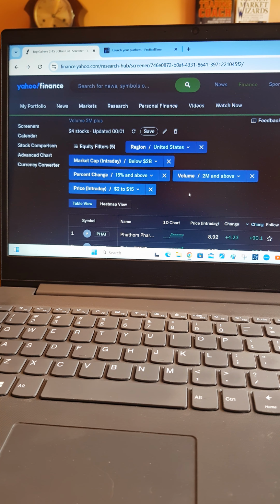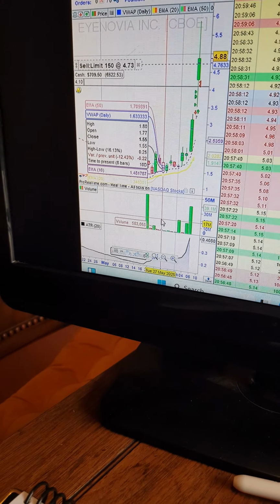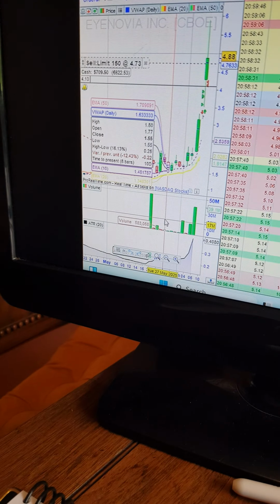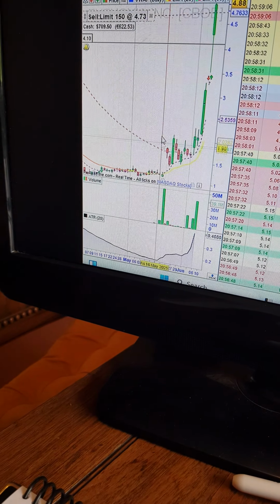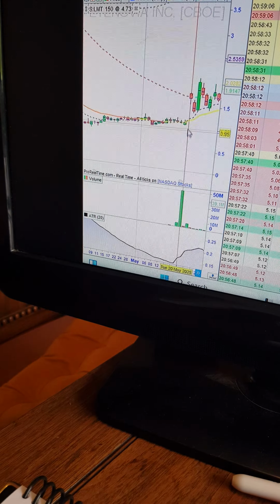So just one thing to note is that this is all about finding what's moved already. So you don't have to predict what's going to happen next. You don't have to predict a stock that's just trending sideways for a while. Let's say if we look at EYEN, which is a recent mover, you don't have to be in a position where you're predicting this stock moving.